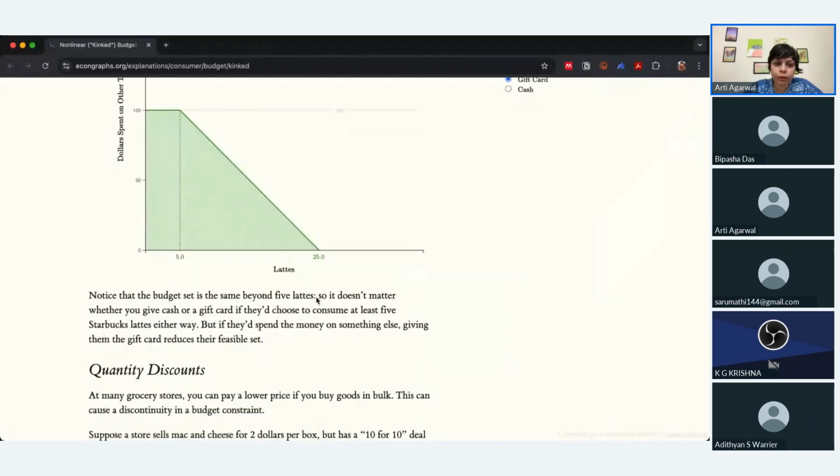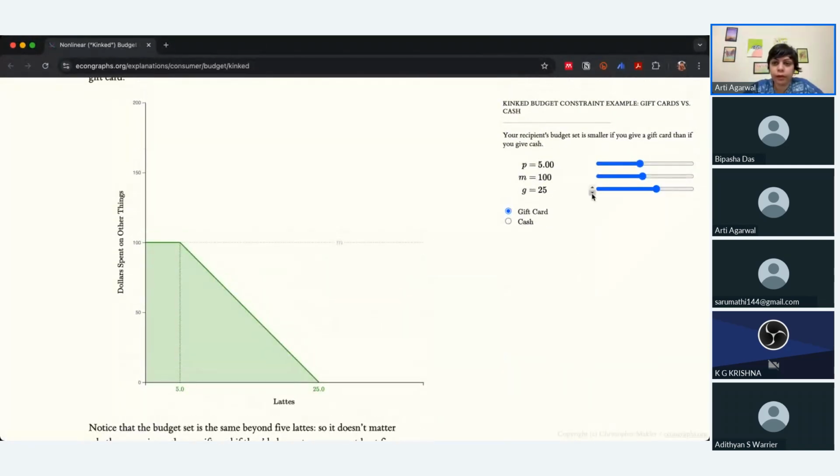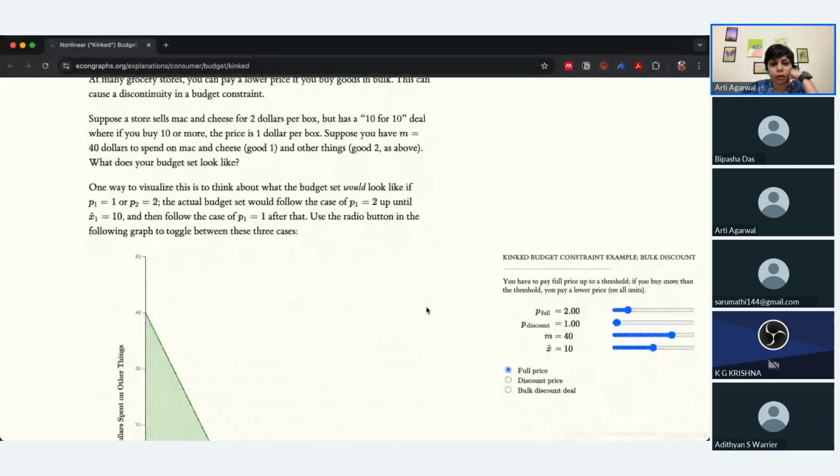Similarly, this is the other type of kink in the budget curve, where you have vouchers instead of just money. We took an example of this type also last time. Here again, you can see how these values are changing, and you can alter the curve between gift card and cash, and see how you're losing a certain possibility of the budget set by giving a gift card or a voucher instead of money.